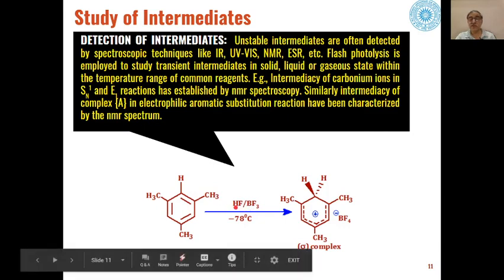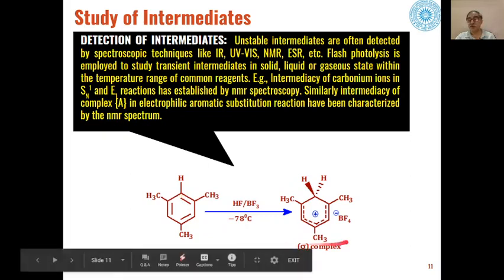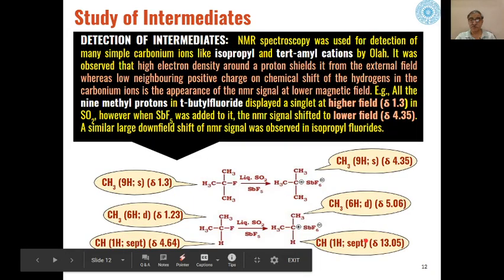H positive will act as electrophile, will add to this carbon, and we will get this type of sigma complex. And if this complex is formed, which is an intermediate, then through NMR we can detect the presence of these two hydrogens at this carbon, and on the basis of that NMR we can tell that such types of intermediates are formed during the reaction.